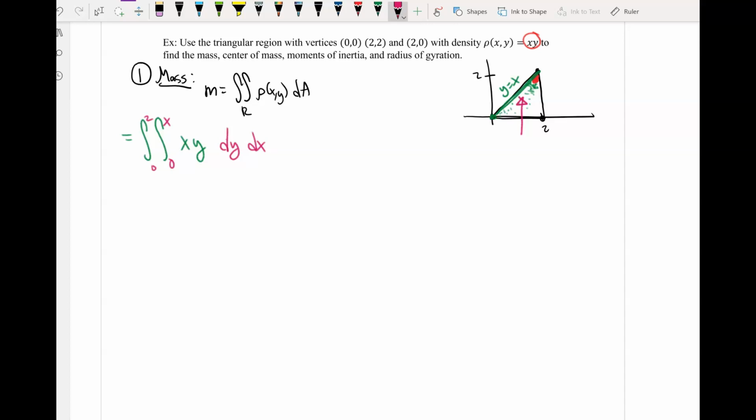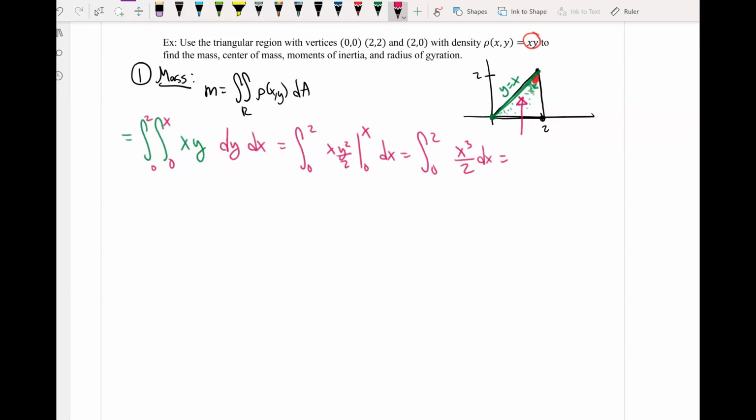I'm going to go ahead and calculate this. This is the integral from 0 to 2; take the antiderivative in y, which is x y squared over 2 from 0 to x, dx. You're going to get x cubed over 2 dx. Take the antiderivative again, so that's plus 1, making it 4, and on the bottom is 8.